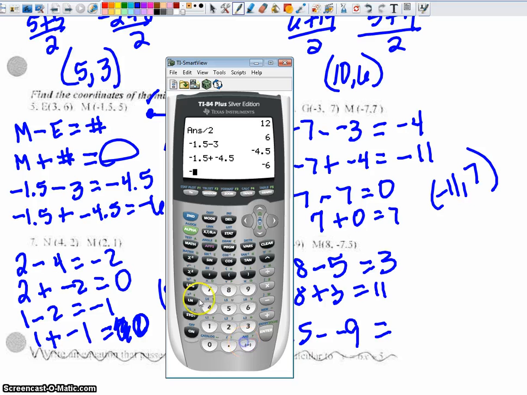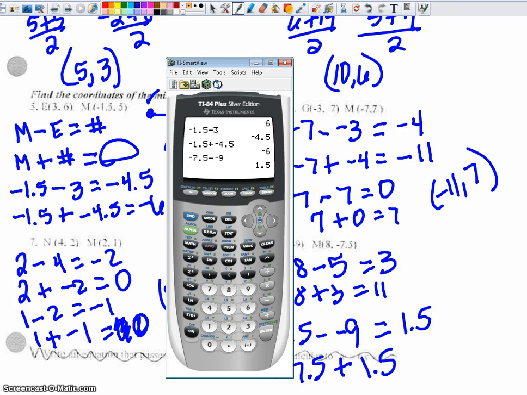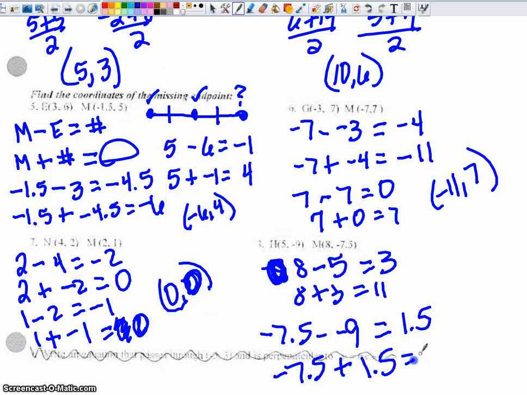When you have all those signs, go to your calculator, 1.5. So negative 7.5 plus 1.5. So once again, calculator, negative 7.5 plus 1.5 gives you negative 6. So 11 comma negative 6 is your missing endpoint.